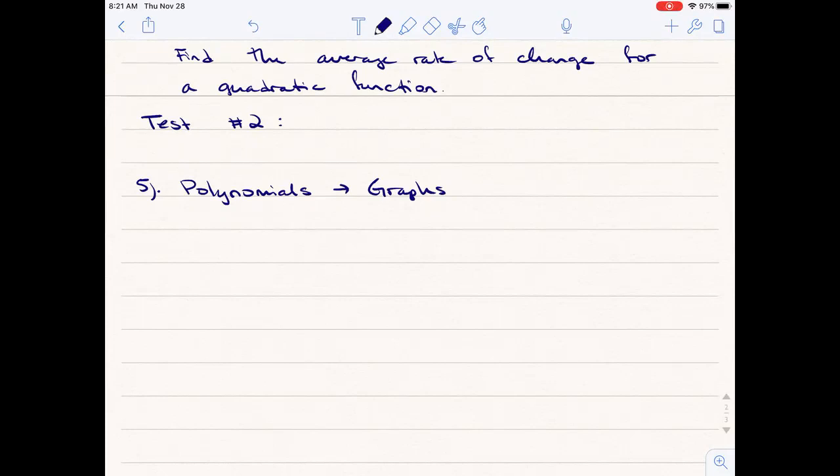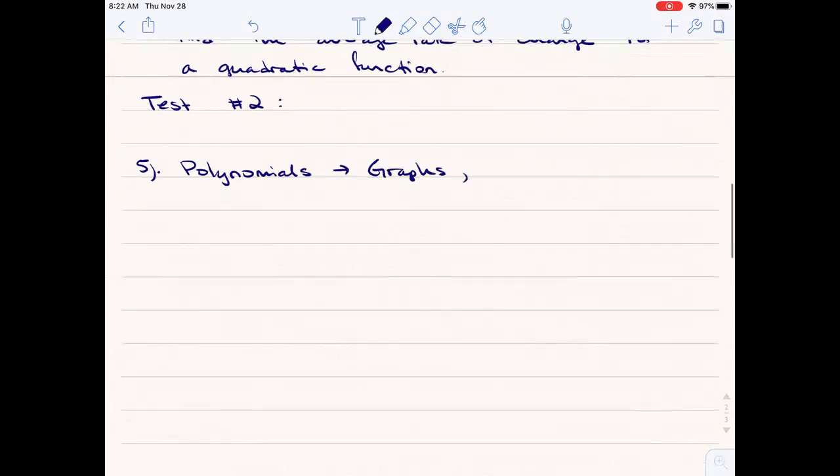And then we also talked about graphs, properties of polynomials, and also did some problem solving.